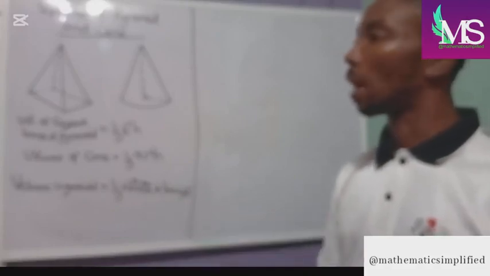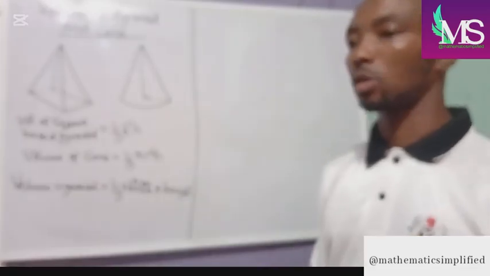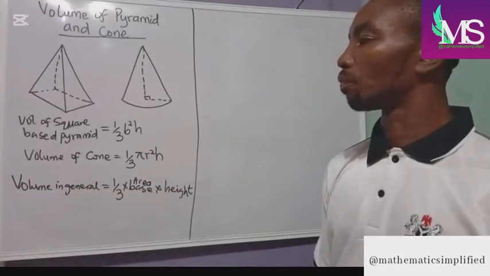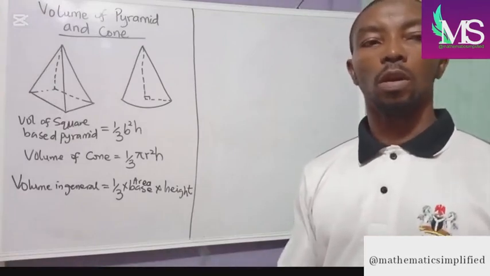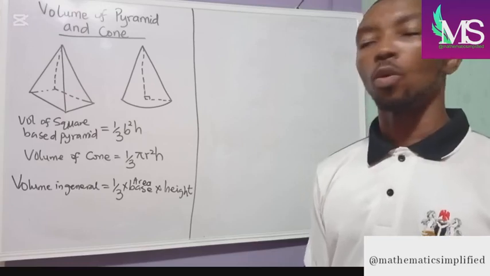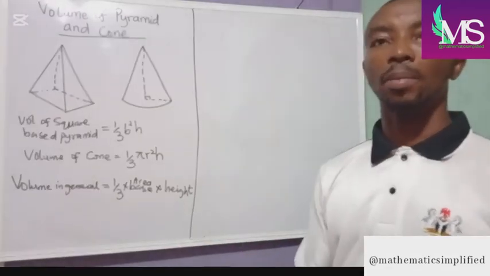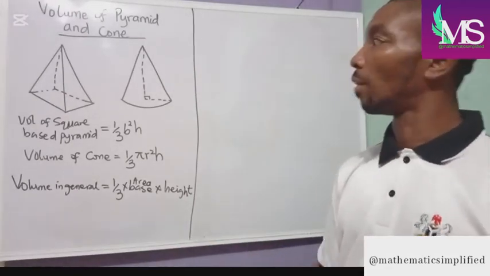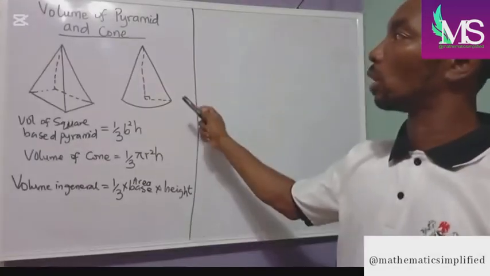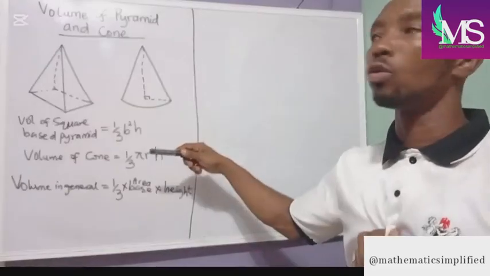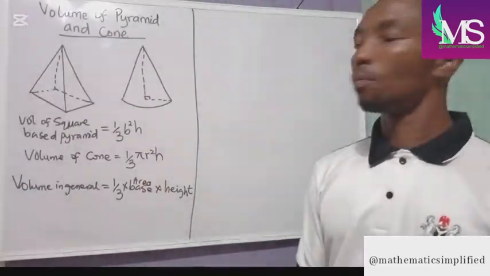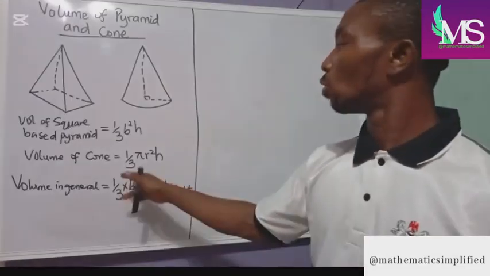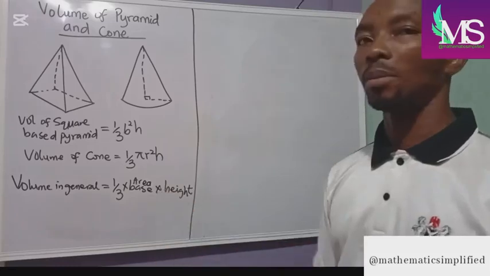times height. Remember, in our last discussion, we said to calculate the volume of a solid shape, we use area of base times height. Now, because we are dealing with pyramids and cone, we have 1/3 inclusive of base area times height.